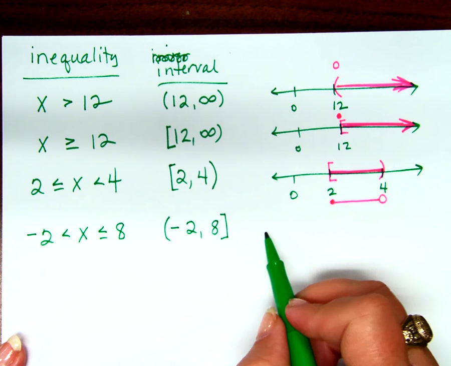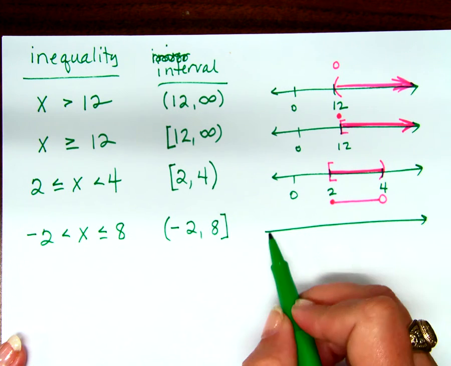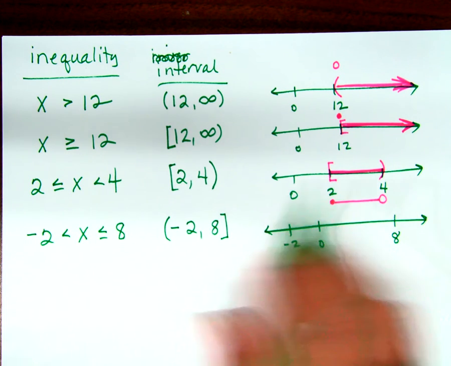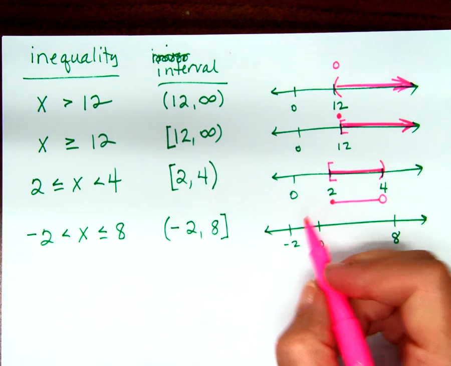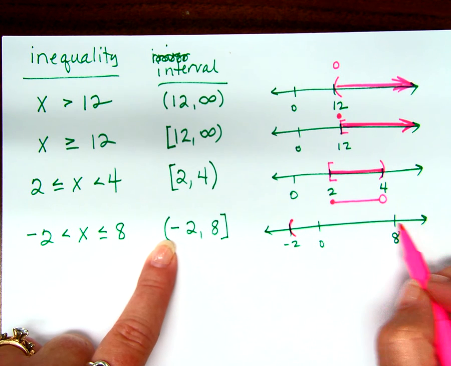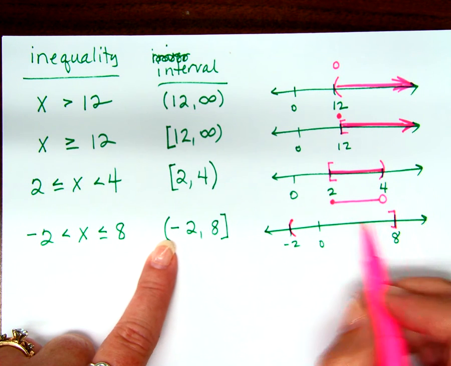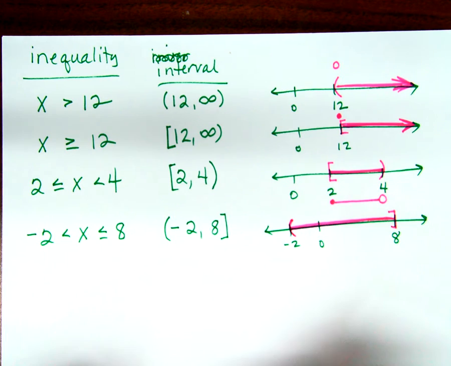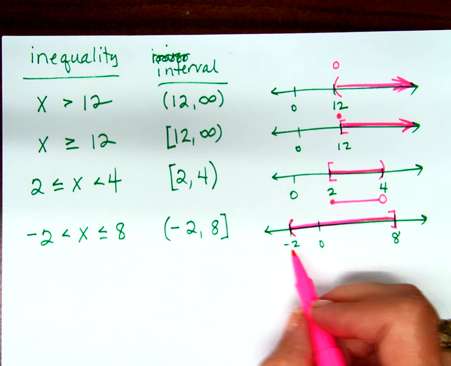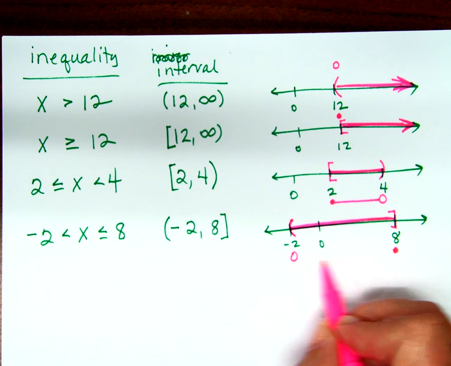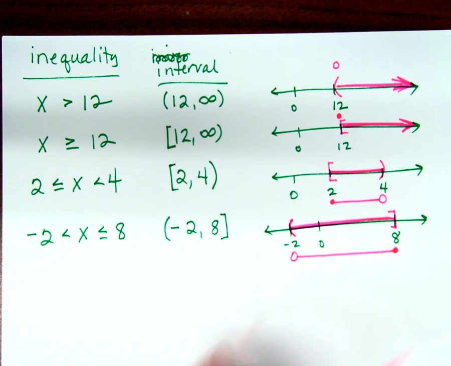On the number line, we would have a parenthesis on negative 2, just like the interval notation, and a bracket on 8, shaded in between. If we were using open and closed circles, we would have an open circle on negative 2 and a closed circle on 8, shaded in between. Does that make sense?